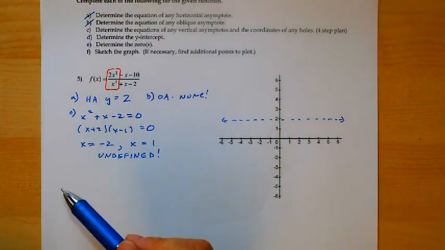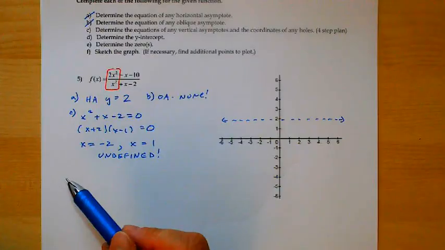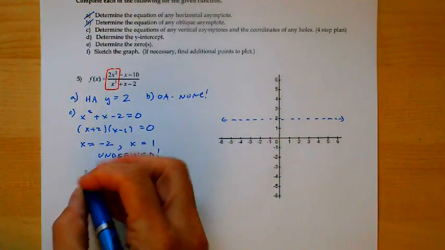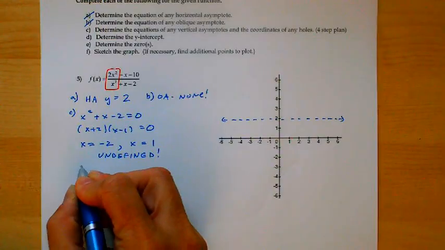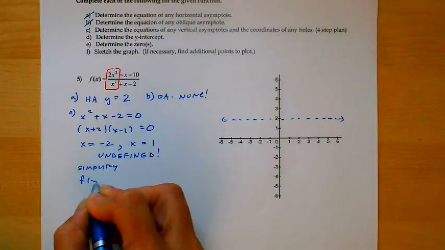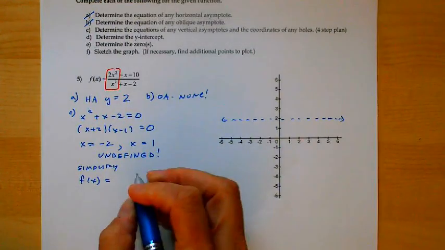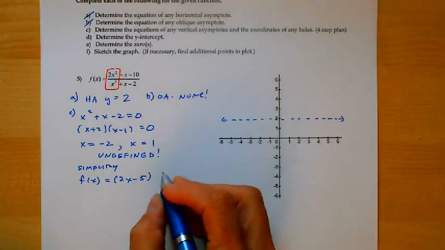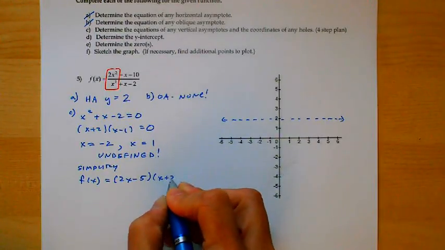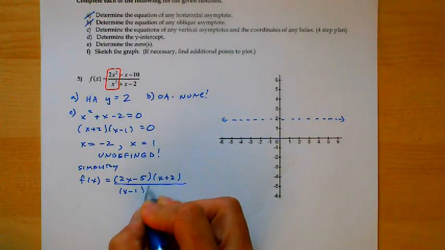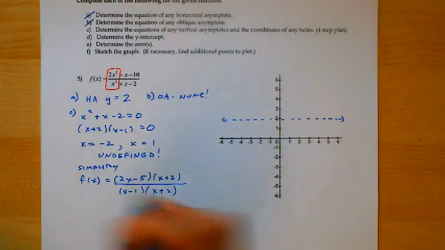So let's continue with that 4-step plan we learned in part 1 of the notes here. The 2 undefined values. Okay, we got them. Now we simplify the function. Okay, I'm going to factor the numerator. Please wear your factoring pants to this test, everybody. Without them, oh boy, it's going to be a long, hard process.